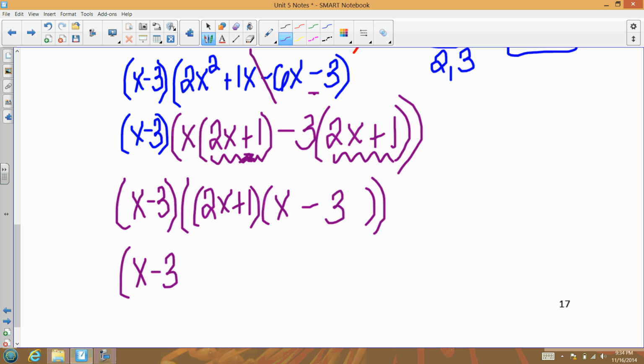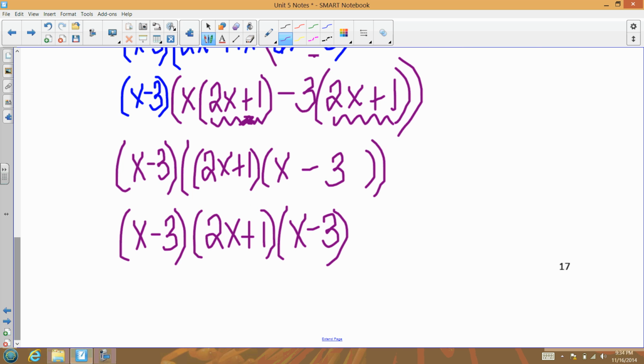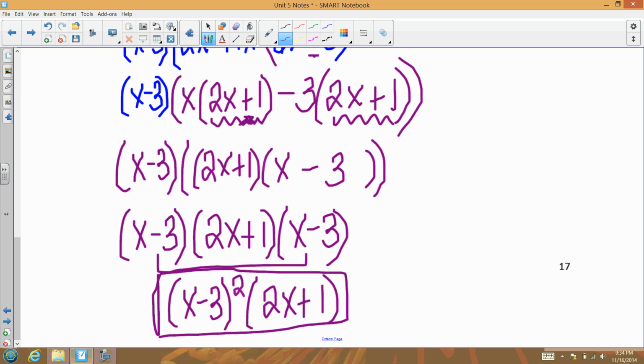I could just leave this as x minus 3 times 2x plus 1 times x minus 3. And I actually can shorten this. Since I have two x minus 3's multiplied together, I can just write it as x minus 3 squared times 2x plus 1. So since I'm multiplying an x minus 3 times an x minus 3, the shortened way would just be x minus 3 squared times 2x plus 1.